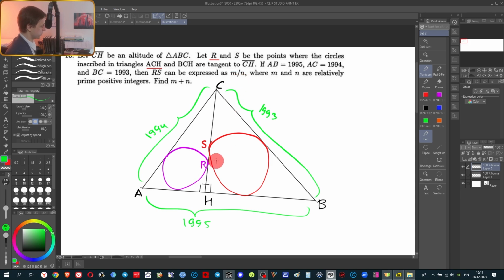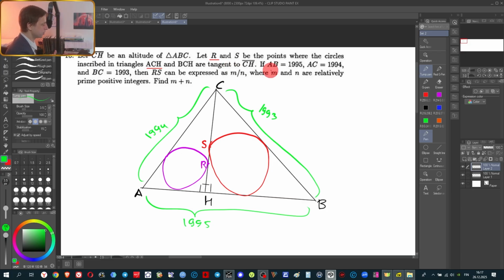So it can be expressed as some fraction where m and n are relatively prime positive integers. Basically, you already reduced this fraction. You divide by any possible common factor, so m and n are co-prime numbers, and you need to find m plus n here.